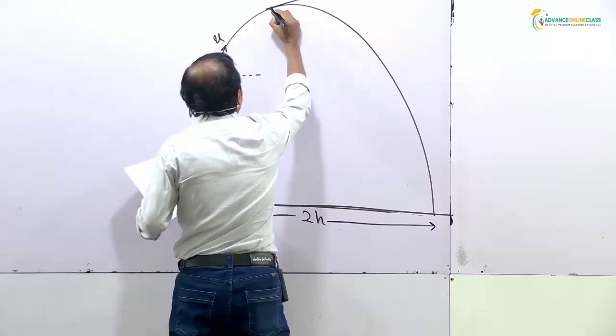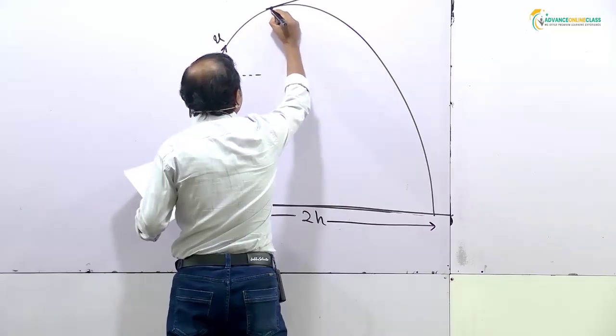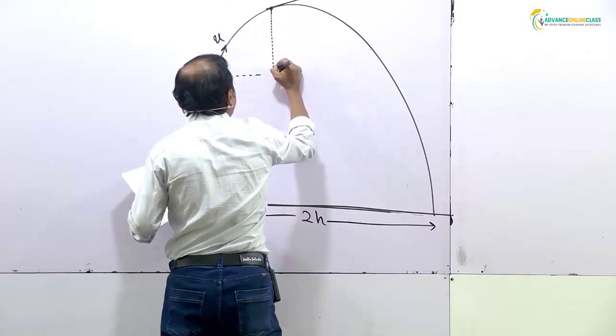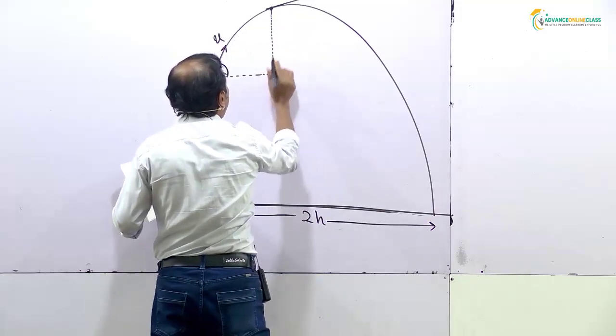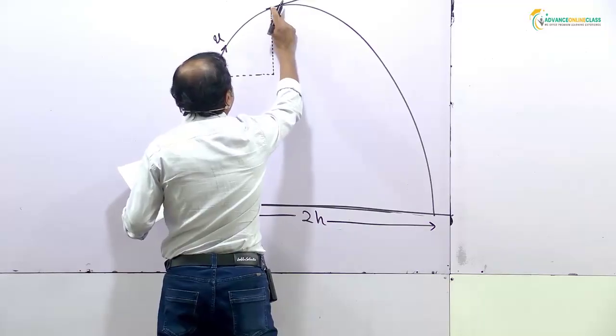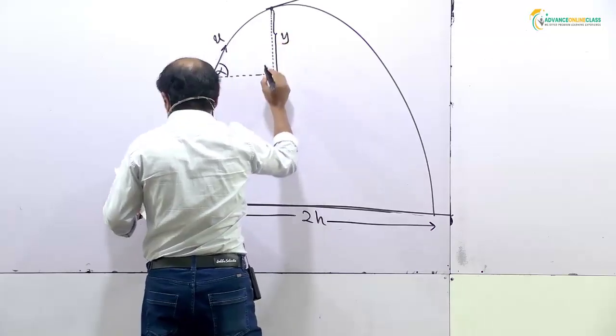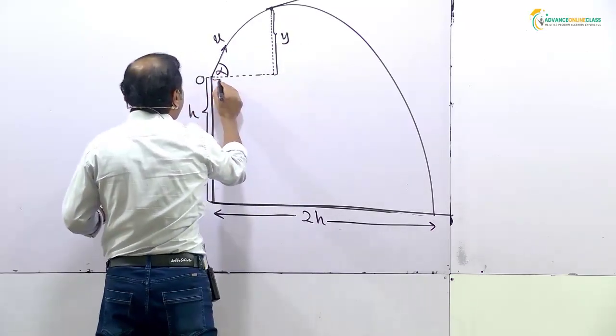So here I'll take the vertical displacement at time t as y, and this is x.